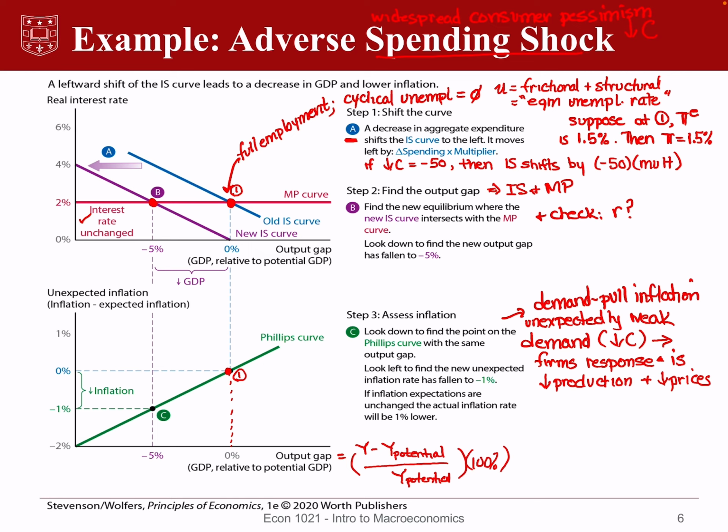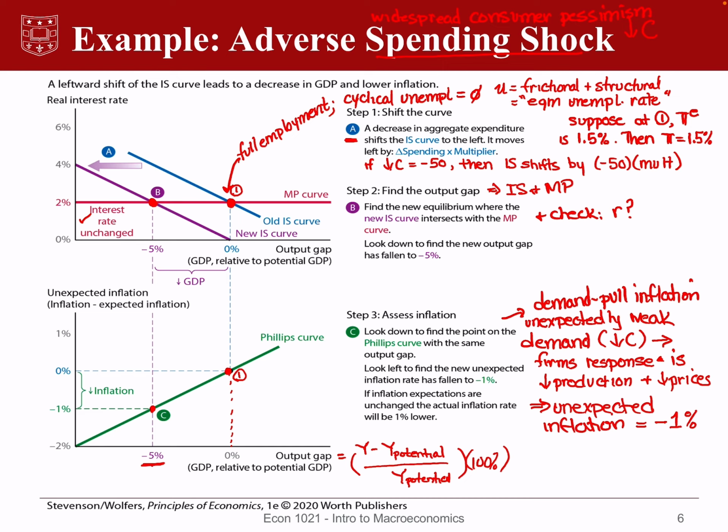And so that then means that there is a situation in which unexpected inflation occurs, right? Initially at point 1, there is no unexpected inflation. In this example, unexpected inflation is, say, negative 1%, right? So we look here corresponding to the same output gap that we had in the chart up above, and that corresponds to a situation in which unexpected inflation is minus 1%.